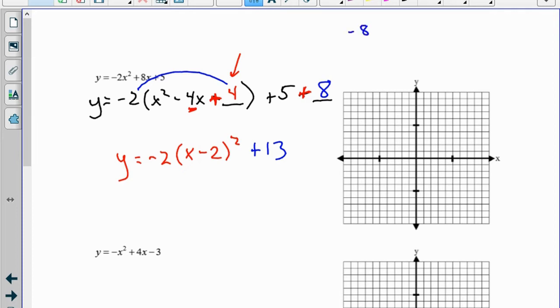So if I do -8 over 2 times -2, I get an x value of 2, which is good. And then when I substitute that in, I get 16 as the middle term, -8 is the first term, so that's +8, and then +5 gives me 13. So that confirms exactly what I thought the vertex was.